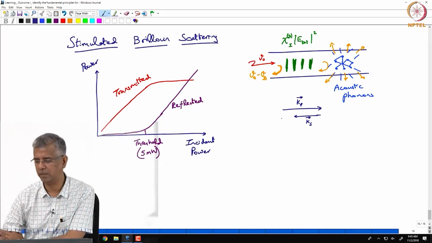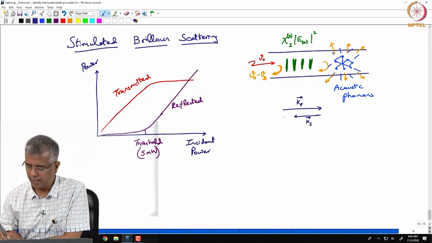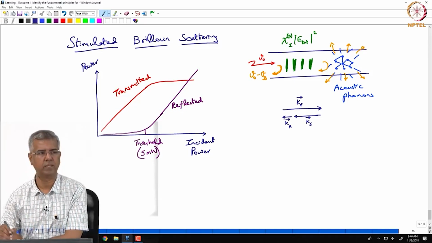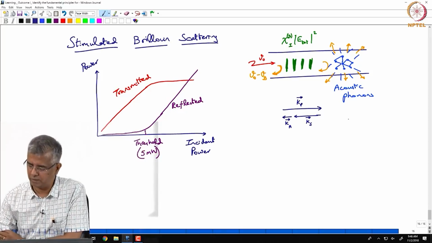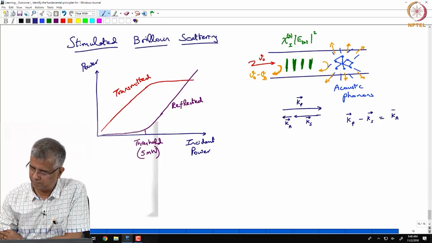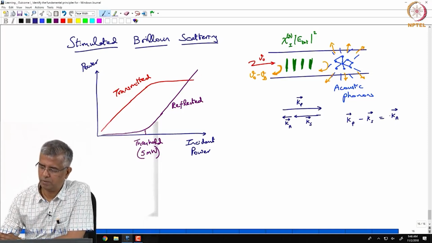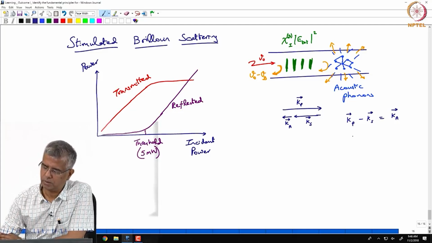This is what is called the Brillouin scattered wave, and the difference between the two is given by the acoustic wave vector. So, I can write an equation saying that Kp minus Ks is given by Ka. So, I have a scattered wave due to this acoustic wave, right.